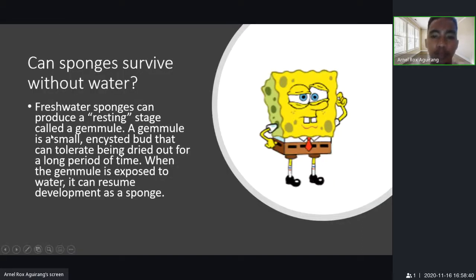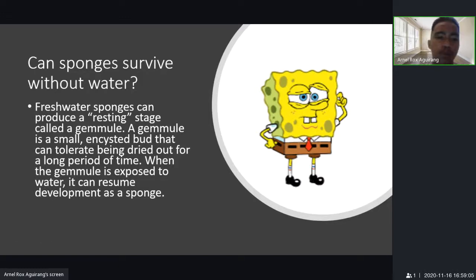Can sponges survive without water? Quick question. Yes, sponges can survive. Freshwater sponges especially are the ones that experience drying. Sponges produce a resting stage called a gemmule. A gemmule is a small encysted bud that can tolerate being dried out for a long period of time.